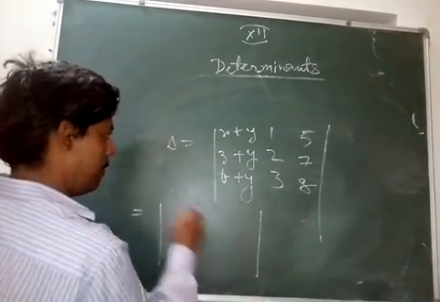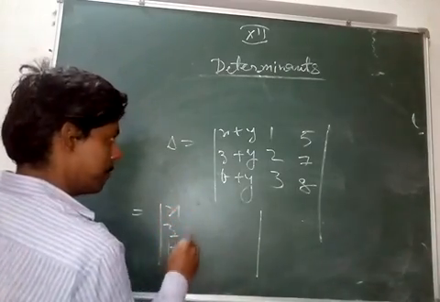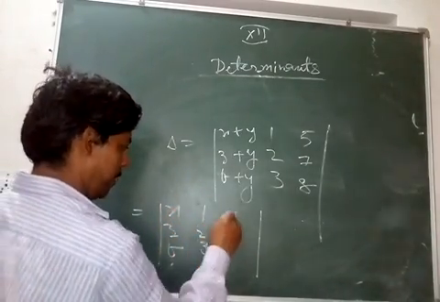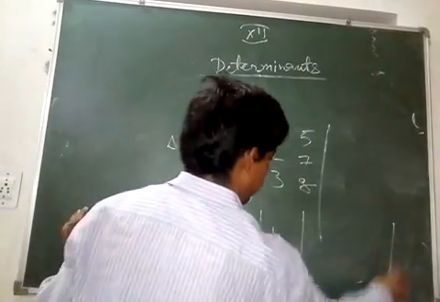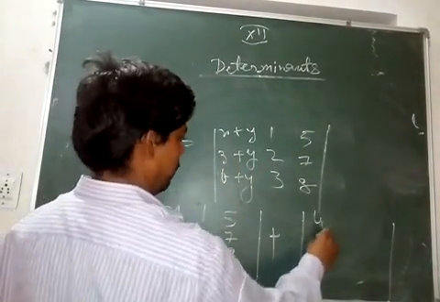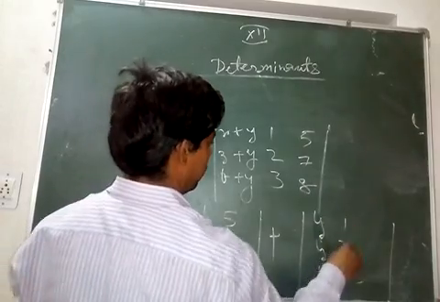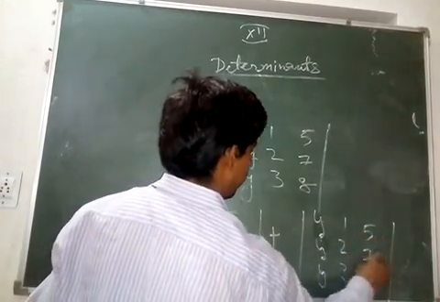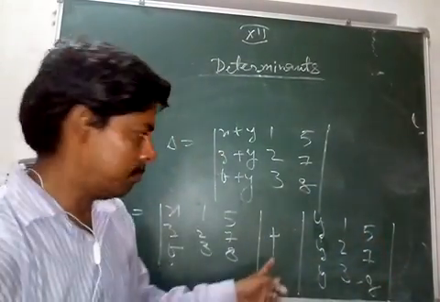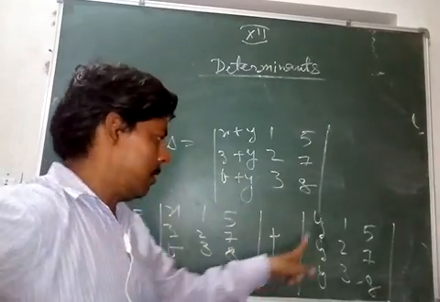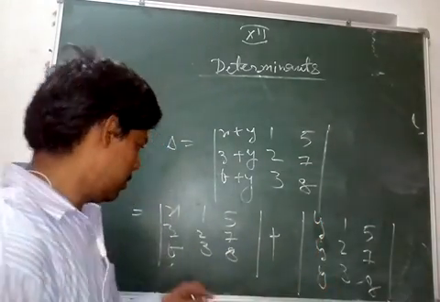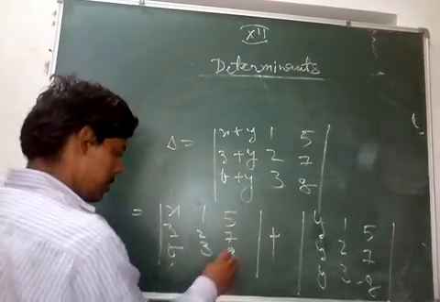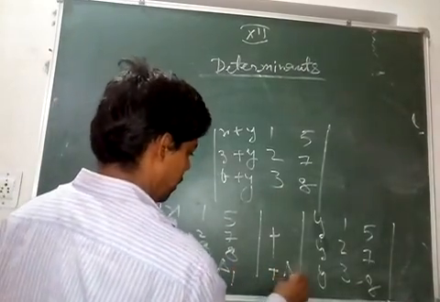One determinant will have x z b 1 2 3 5 7 8 plus. The other determinant will have y 1 2 3 5 7 8. Now this becomes very simple to solve, because we can take y common and this will become 1 1 1. So I can now name this as delta 1 plus delta 2.